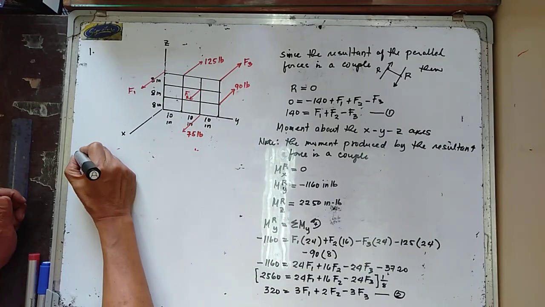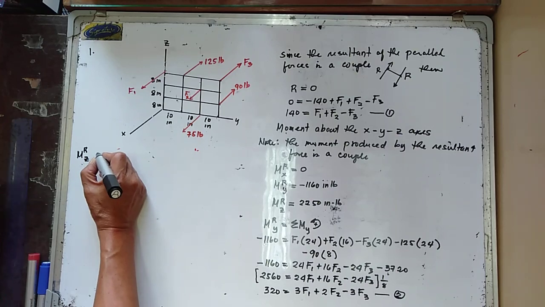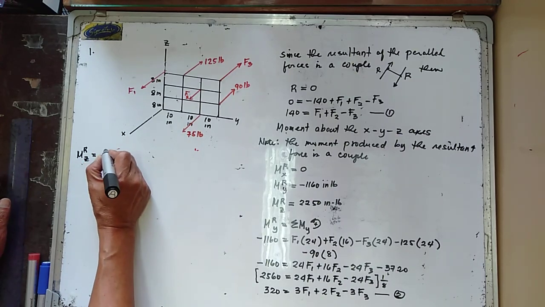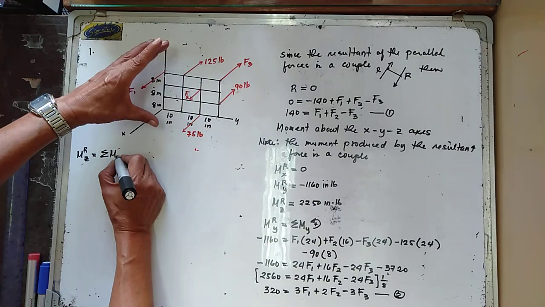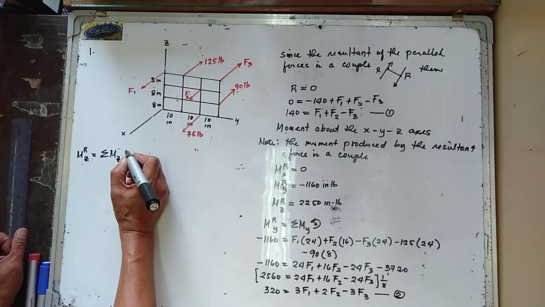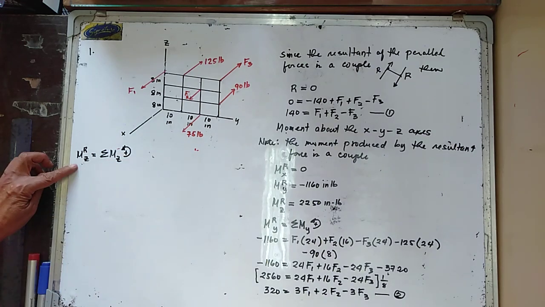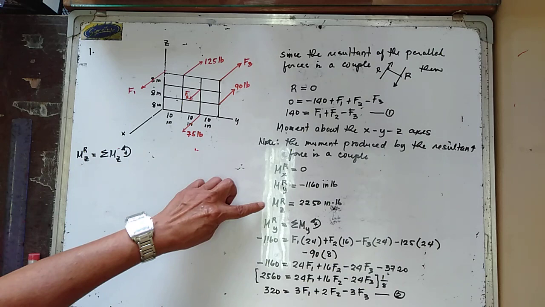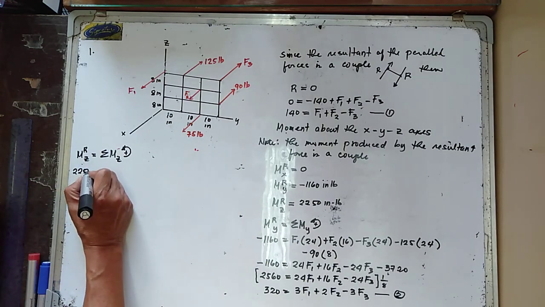Next, the moment of the resultant about the z-axis is now equal to the summation of moment of all the forces in the system about the z-axis. Let us still take counterclockwise moment as positive. So the moment about the z-axis is 2250.